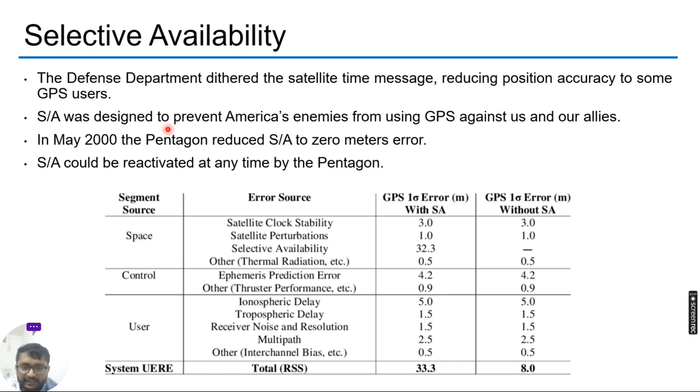That's why they introduced an error into it, something which gives us error while calculating our distance and user positions. We show these errors using standard deviations from the actual position, and because of selective availability we were getting around 30 meter errors in finding our positions. They removed this after 2000, so we do not have any selective availability afterward, but earlier it was there in the initial years.